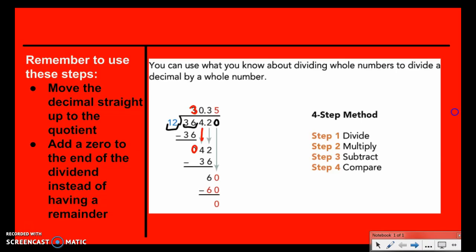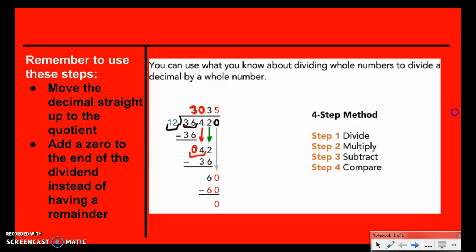You want to bring down your 4, and you're going to see, can 12 go into 4? No, so you're going to put 0 as a placeholder. Last time we talked about making sure you do not forget your 0, so make sure you don't forget the 0. Okay, go ahead and bring down your 2 next.